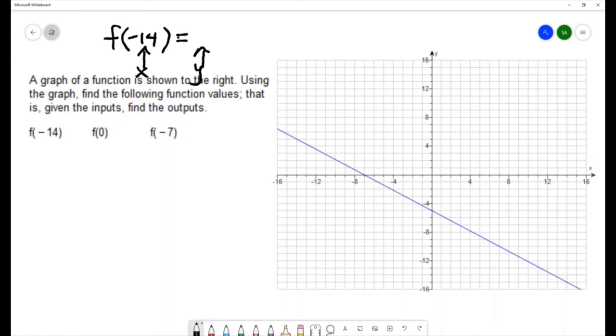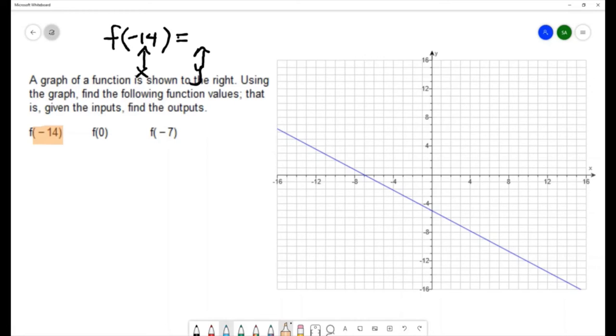So because we've been provided a graph with ordered pairs, there's no calculation needed. We would just read the graph, looking for an x value of negative 14, and then we can record what the y value is at that point.